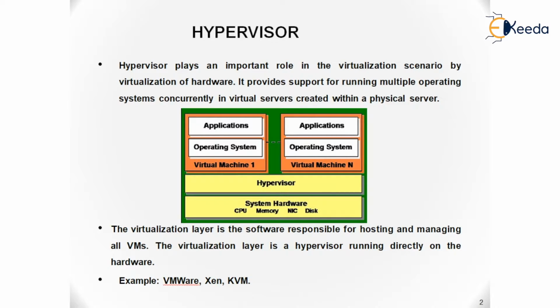But here is one limitation. What is the limitation? You have only one hardware resource, that is a limited CPU machine, and on that CPU you have already installed the Windows operating system.